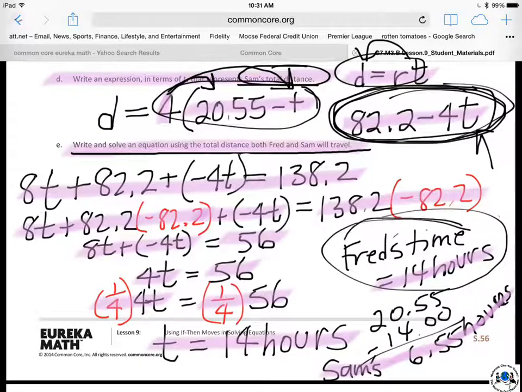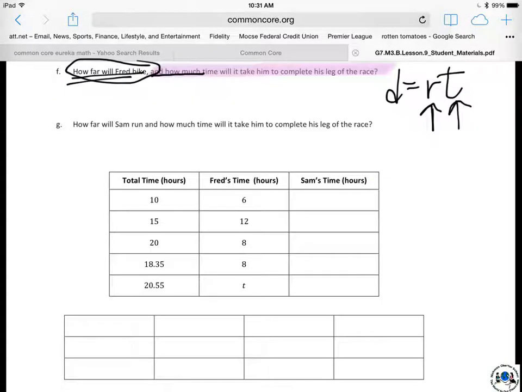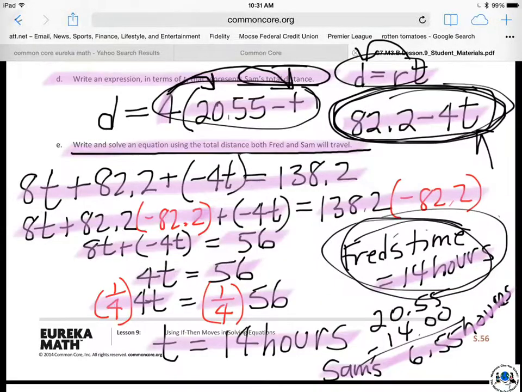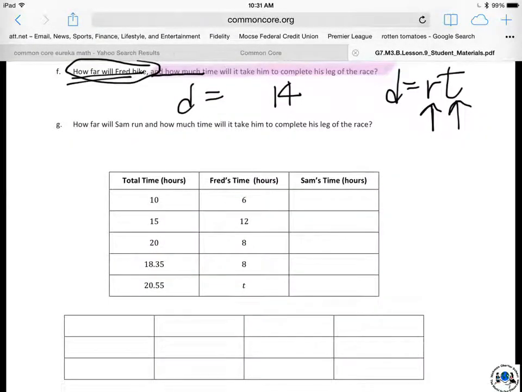So we have d equals rate, which, if you remember, was 8 miles per hour, right here. So if d equals rate times time, then d for Fred equals 8 times 14, which equals 112 miles. Not difficult at all.